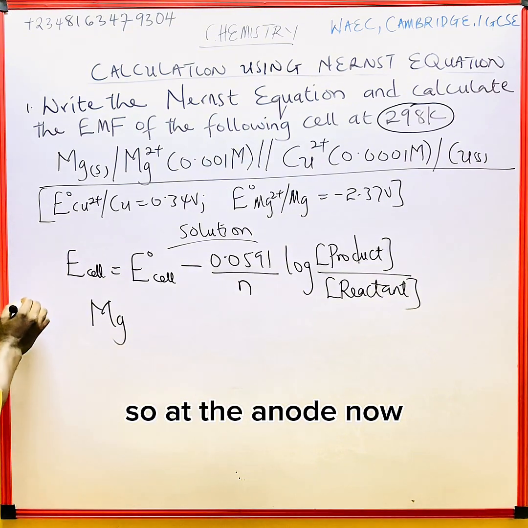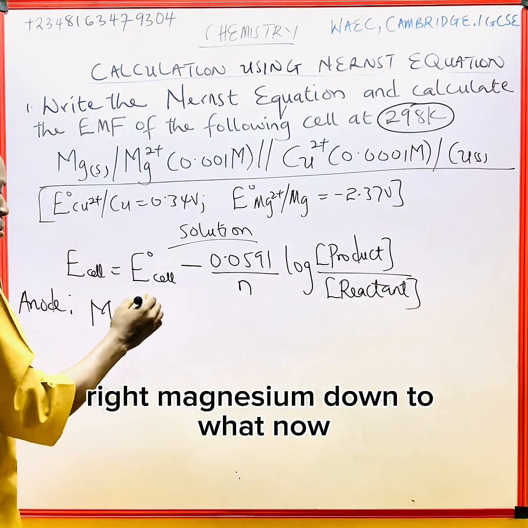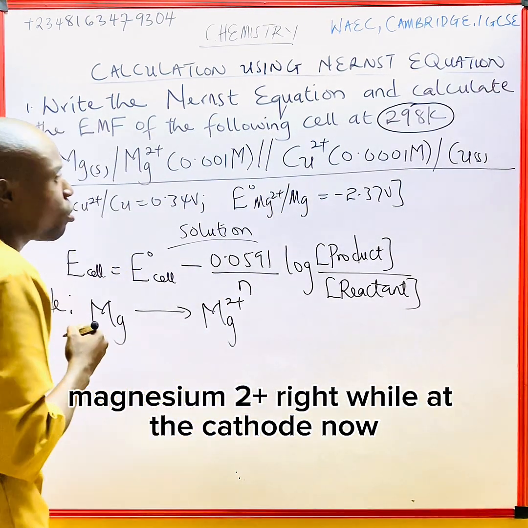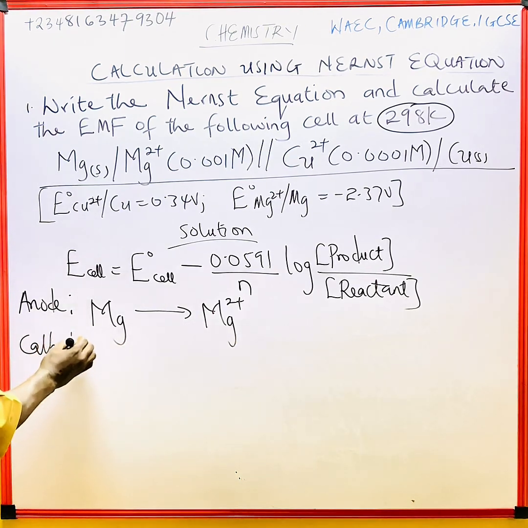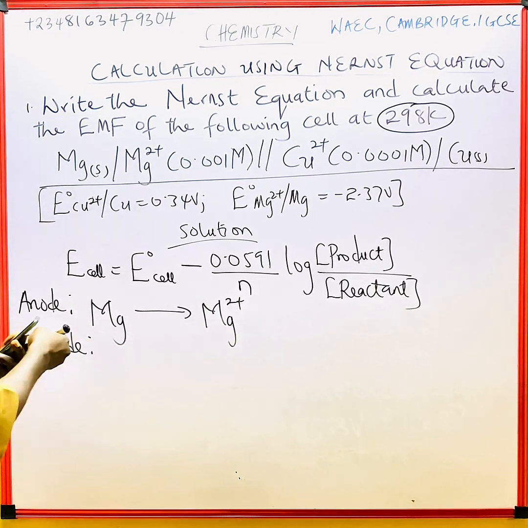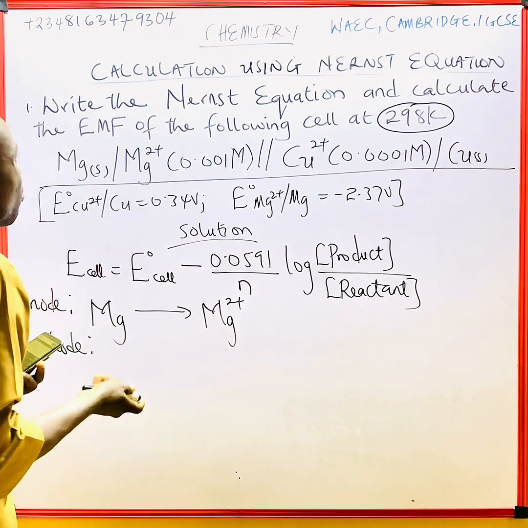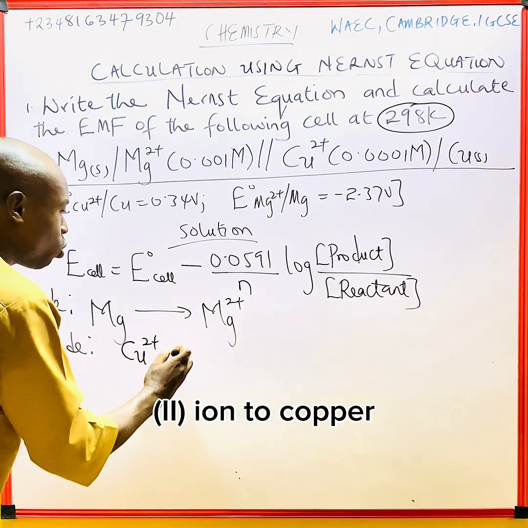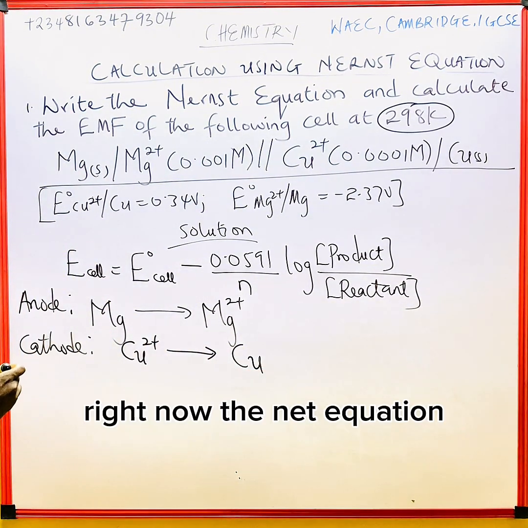So at the anode, magnesium goes to magnesium 2+, while at the cathode, you are having copper 2+ ion to copper.